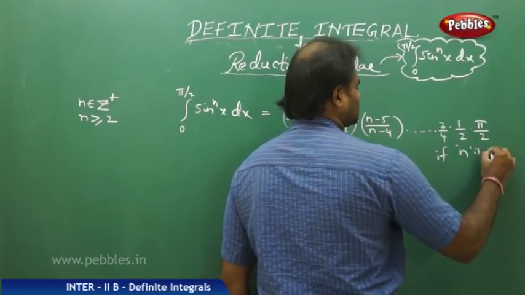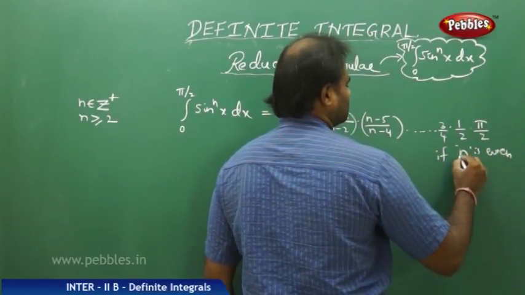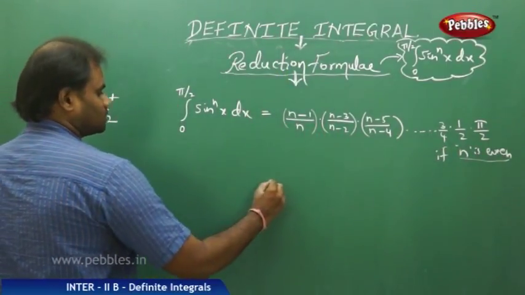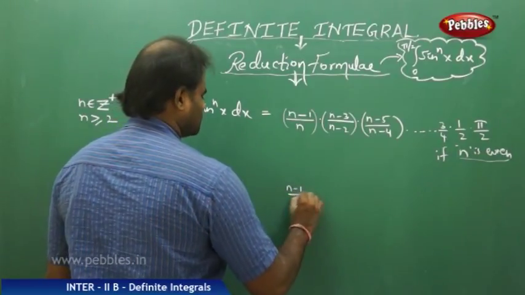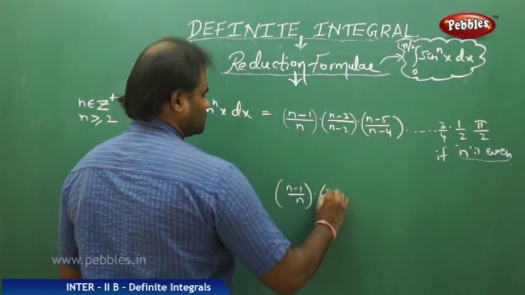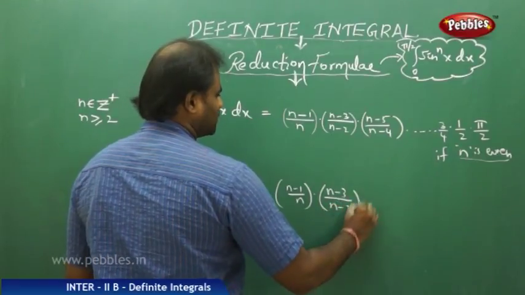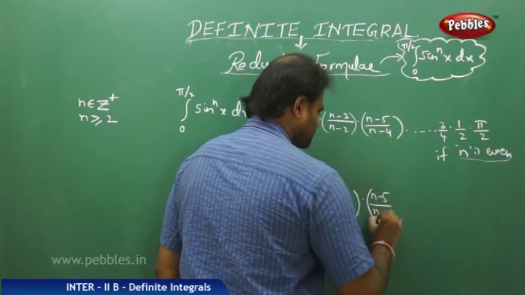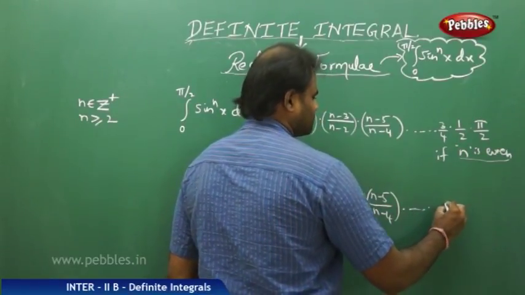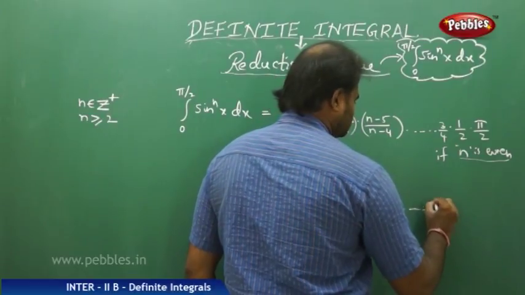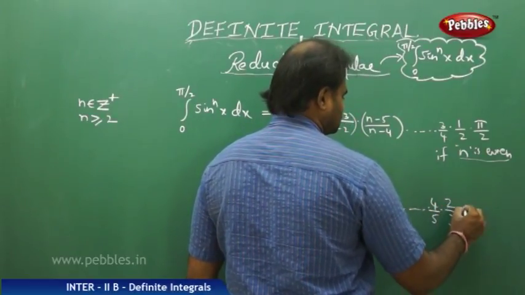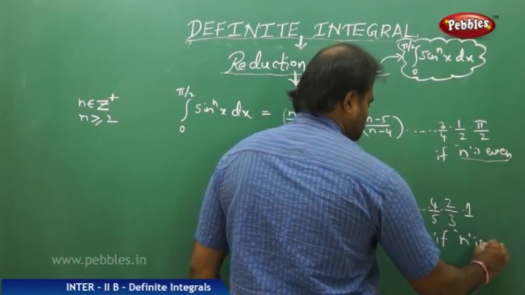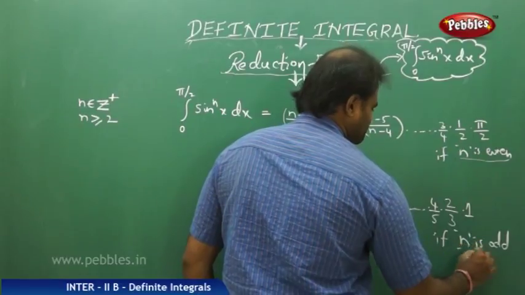if n is even. Then I have this equal to this, and this will be n minus 1 by n times n minus 3 by n minus 2 times n minus 5, and so on, if n is odd.